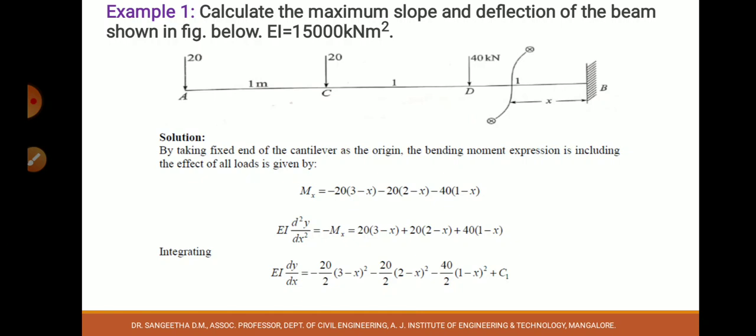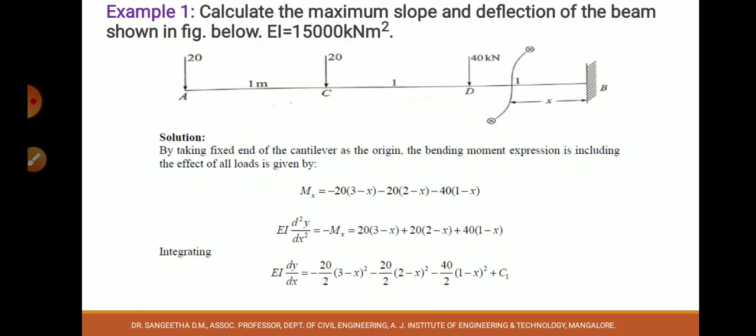So I have the bending moment equation. Be very specific in this. I'll repeat it once again because this is the concept which will go throughout all the problems. Whenever you are going by the Euler-Bernoulli equation or Macaulay's method, you have to consider a section such that all the loads will be considered, and you will be considering it in the last span.